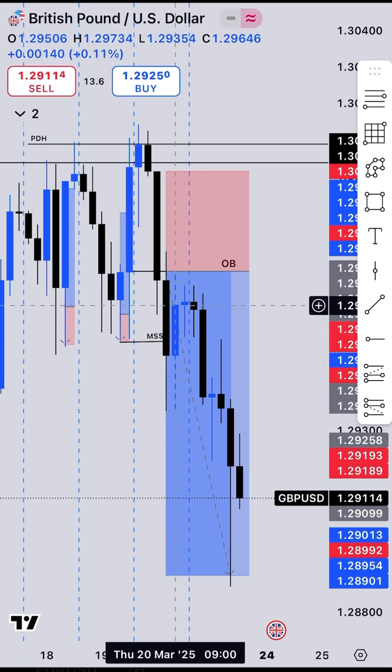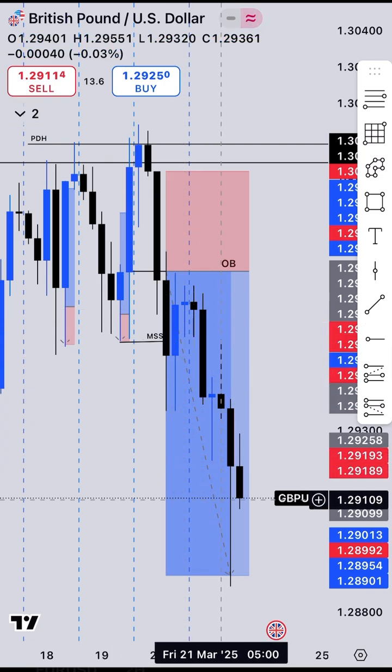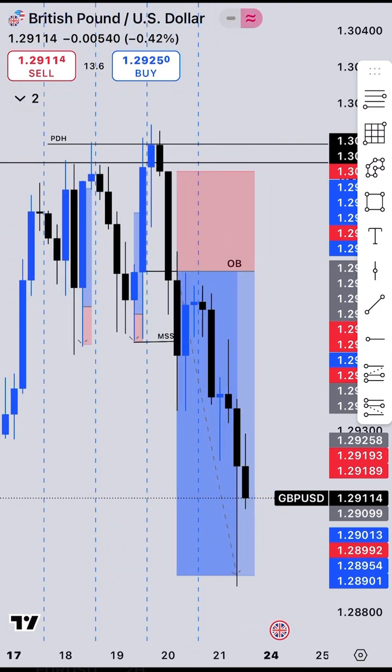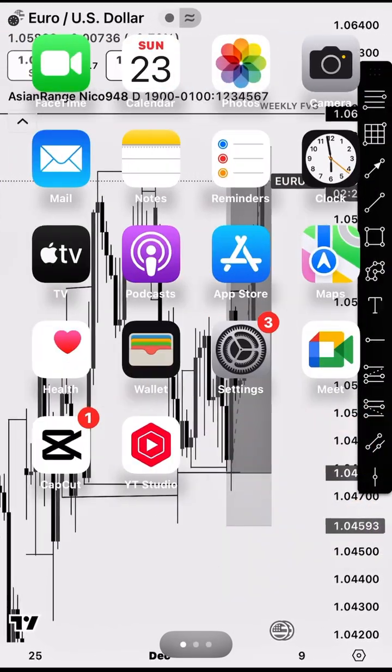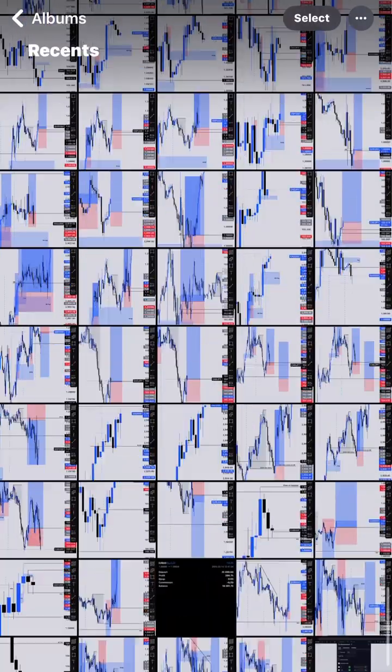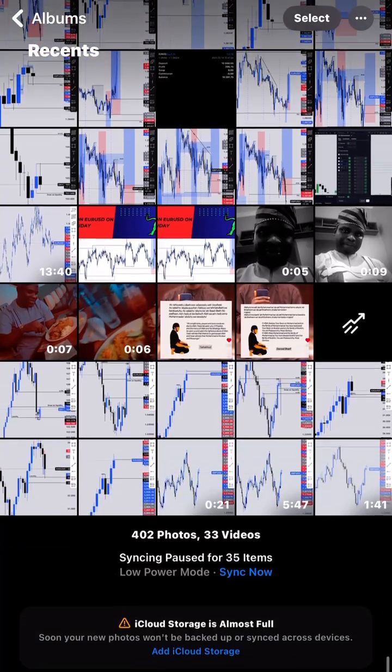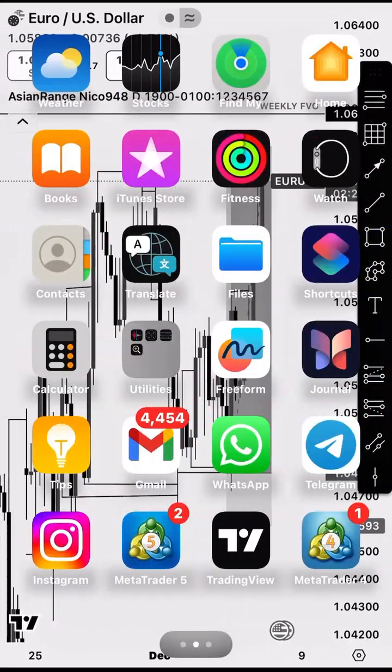So this was Thursday when I executed the trade. But when I woke up on Friday, price had already given us a huge expansion. That's how I actually got my entry on GBP USD.